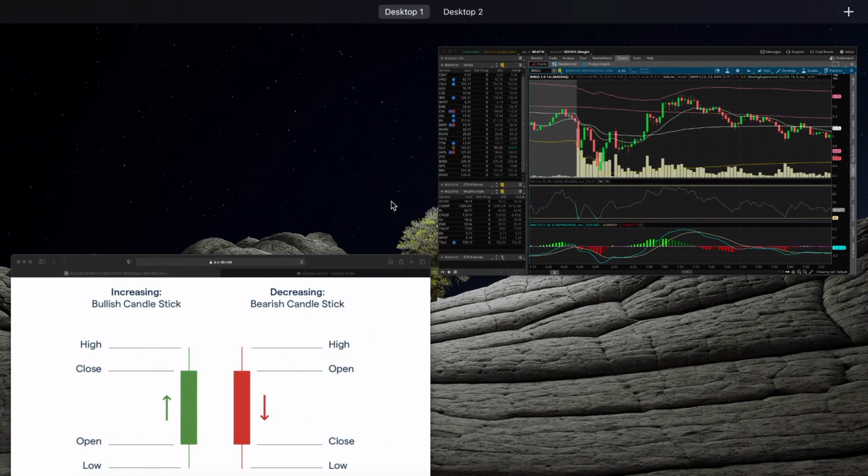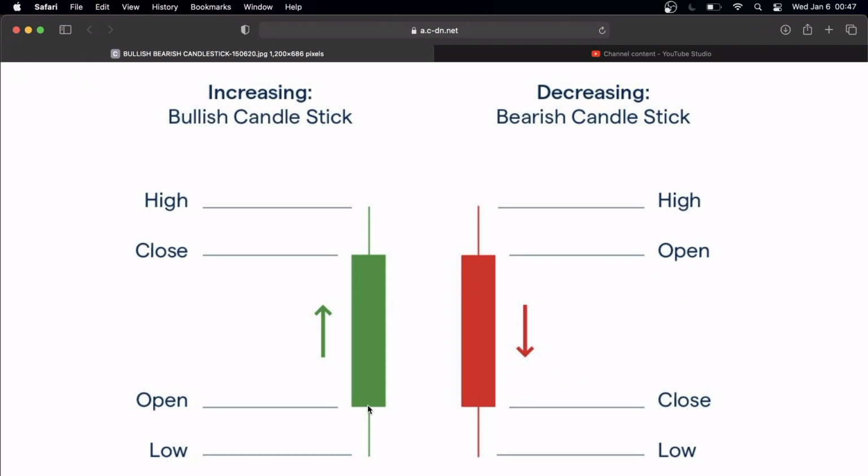At the very bottom is where it opened, so at the beginning of the 1 minute, that's where the price was. Throughout the 1 minute, the price could have dropped or gone higher, but at the end of the 1 minute, this is where it closed.